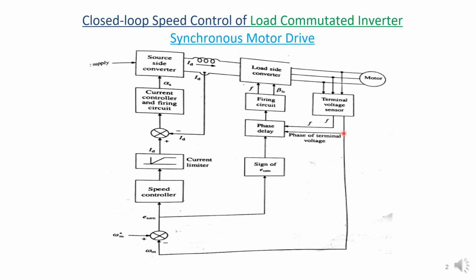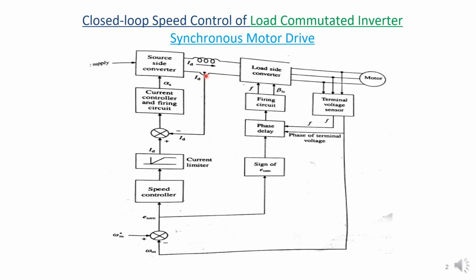Now let us see what happens whenever the actual speed is less than the reference speed. The error signal is positive, because the reference value is higher than the actual value, and it is given to the current limiter. The current limiter gives the maximum permissible current value or torque value, which is given to the comparator.